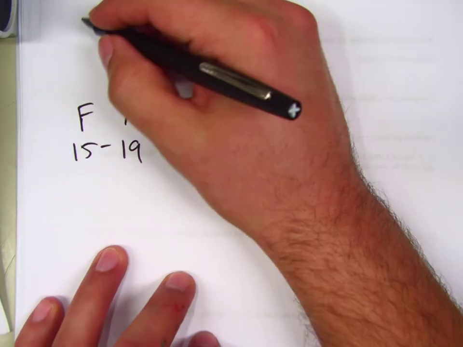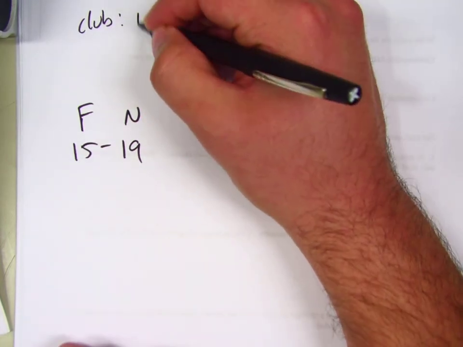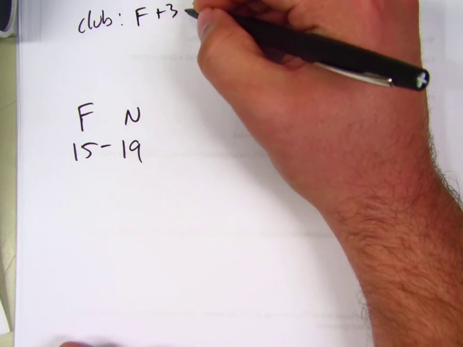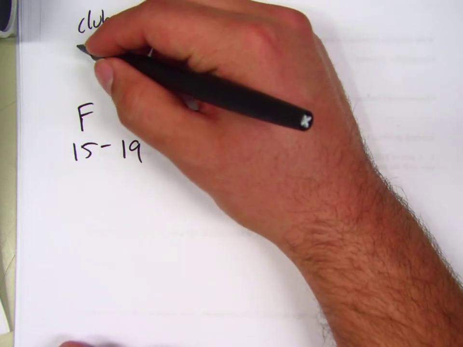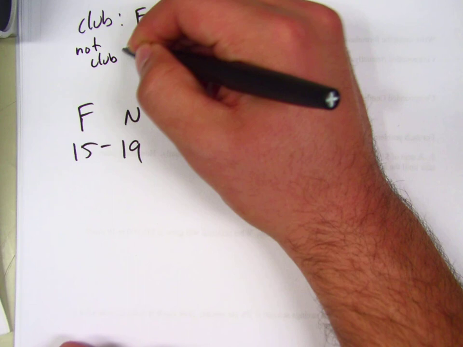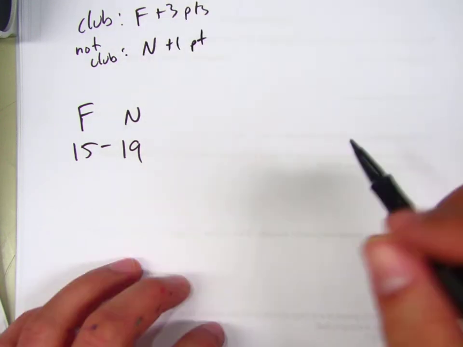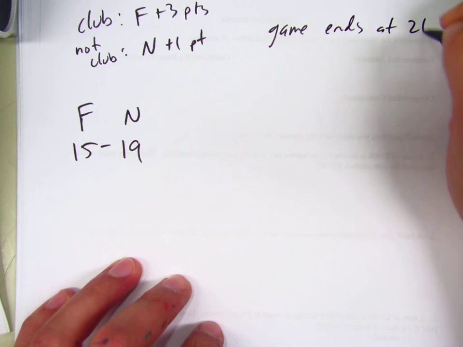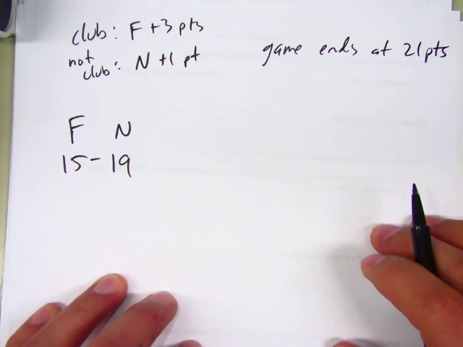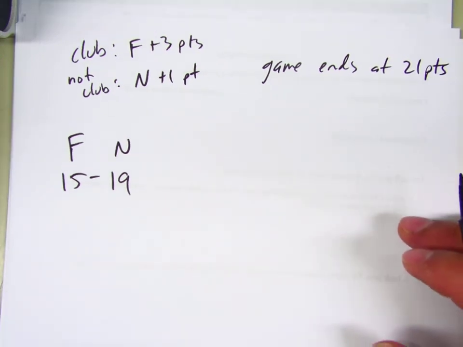If a club is drawn, then Flossie gets 3 points. If a non-club gets drawn, then Ned gets 1 point added to his total. The game ends whenever somebody reaches 21 points. So that's basically what that word problem is telling you.